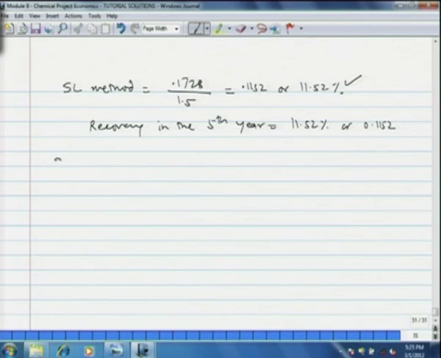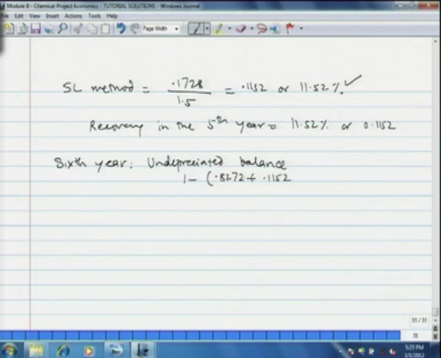Now, in the 6th year, we have depreciation charge left because of the half year convention, and therefore, the undepreciated balance is 1 minus 0.8272 plus 0.1152.